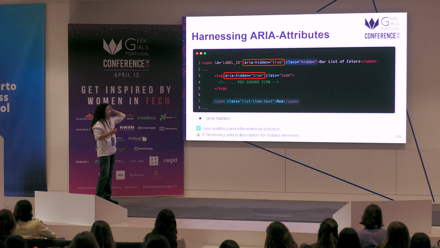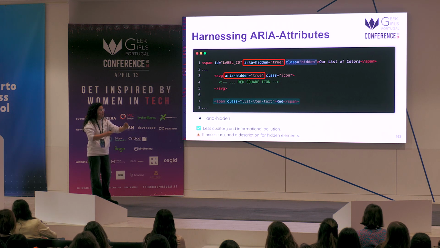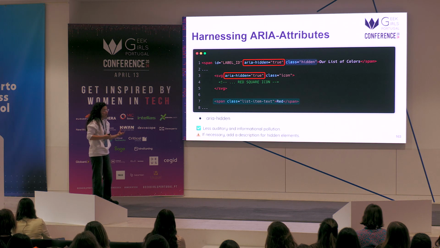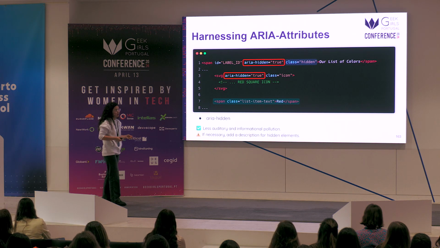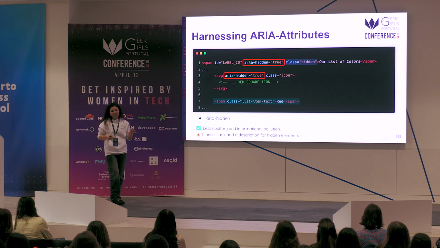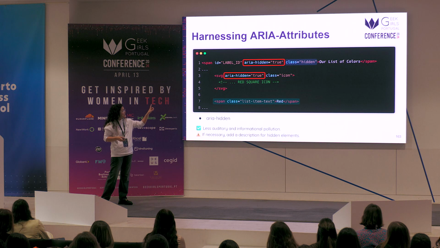And also, I'm hiding the label that I created to give context for the list, because in this situation, sighted users don't need more context. They know that it's a color picker. So to remove that informational and visual pollution, I'm hiding it, both from the screen reader and also using a CSS class, hidden.